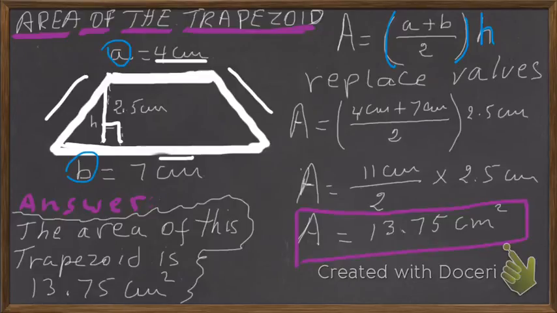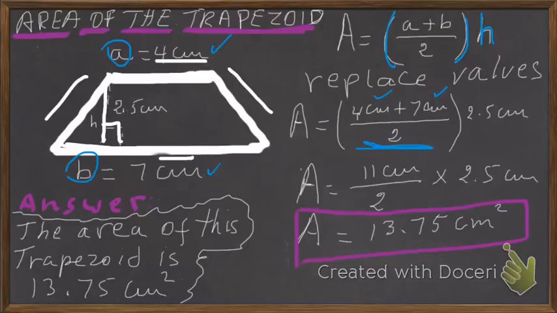So now we're going to replace values. A in here is 4, and B in here is 7, divided by 2, times 2.5. You have to remember the order of operations: solve what's inside the brackets first, and then multiply by the height.